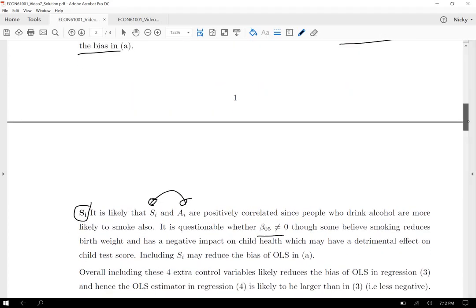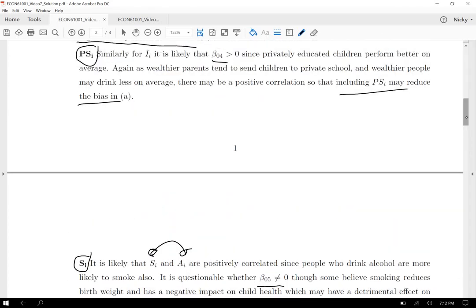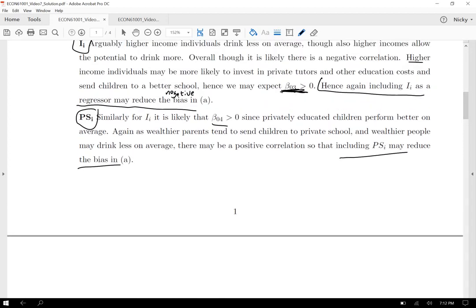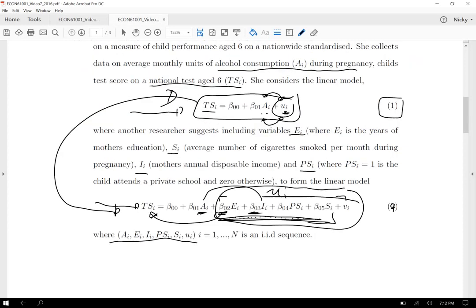So overall, it's likely that including all of these variables, controls, would control for some of these factors which are driving test scores, which may reflect the stability of their environment and so on, which may reduce some of the bias in part A, such that when we control for all these variables here, we know then that beta 1 is the effect of a change in alcohol during pregnancy, holding all these other factors fixed.